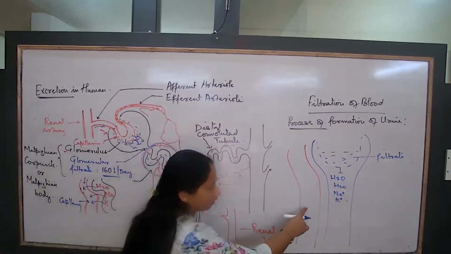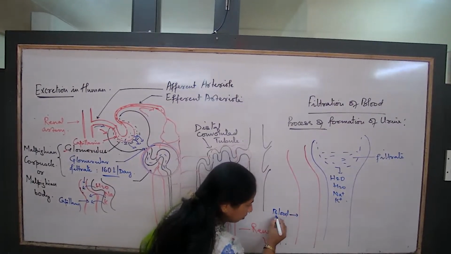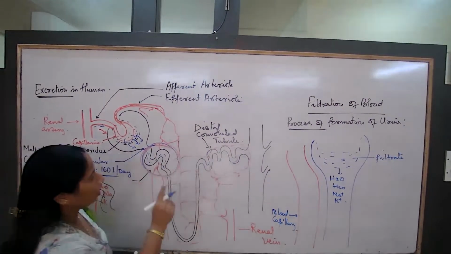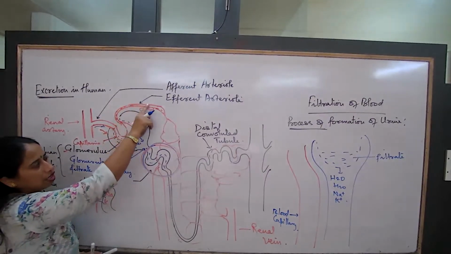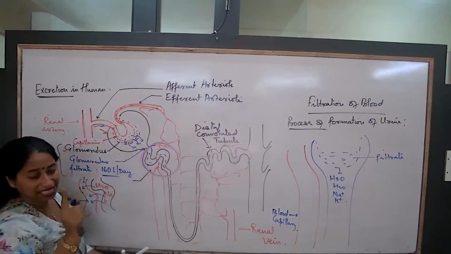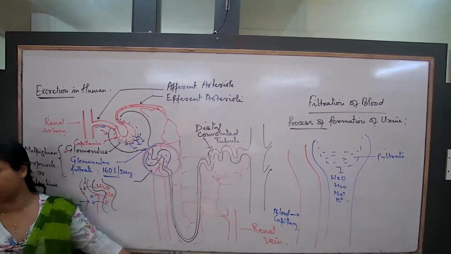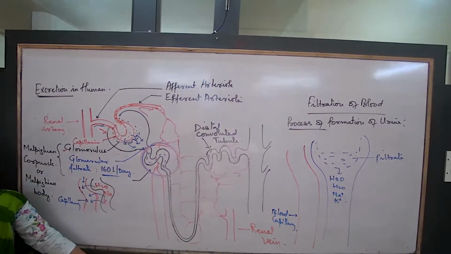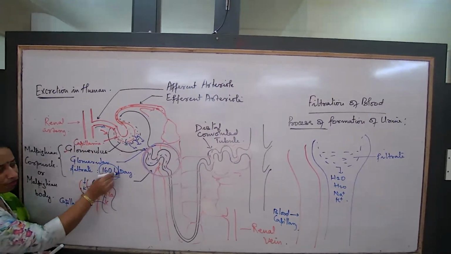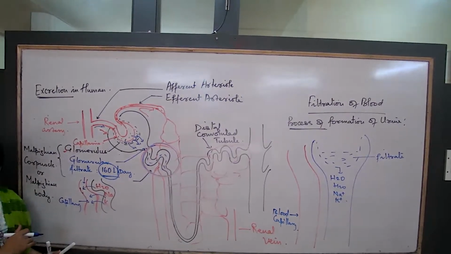Now, what am I drawing? What is this? This is the blood capillary. Which blood capillary? The one which is coming away from the glomerulus. What is the next step after ultrafiltration I mentioned? Reabsorption. Why reabsorption? Because our body cannot afford to lose this much water. Then what does our body do?